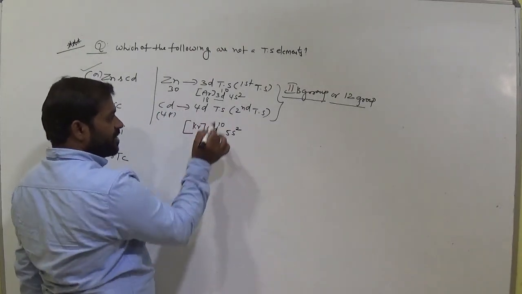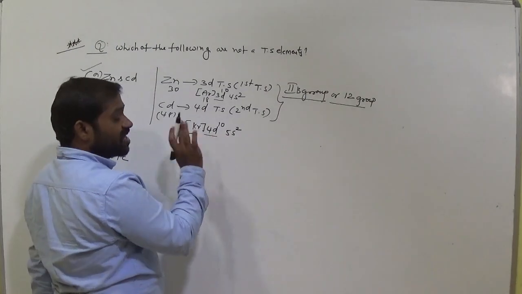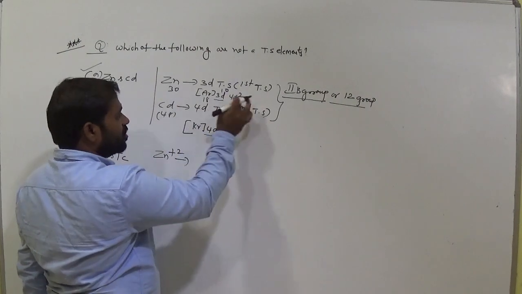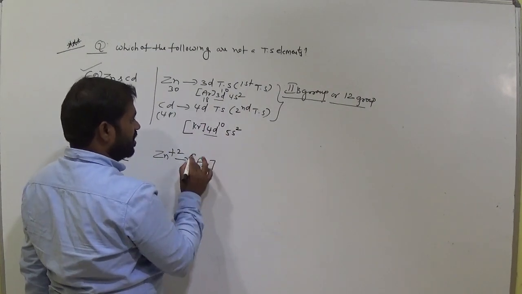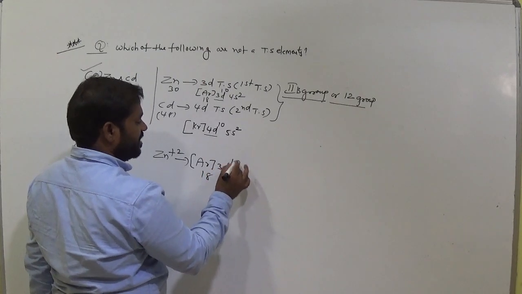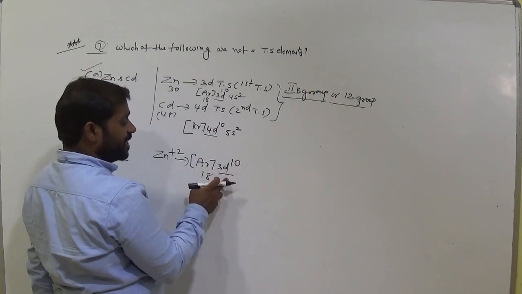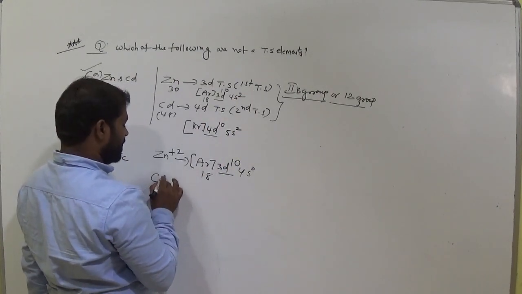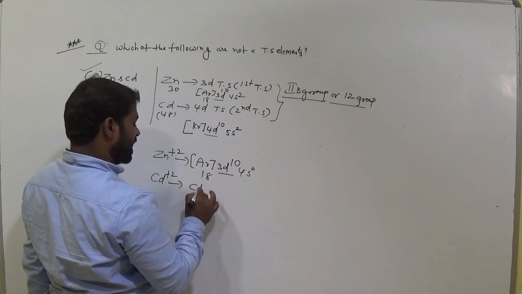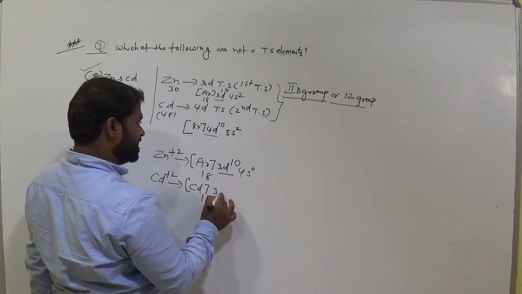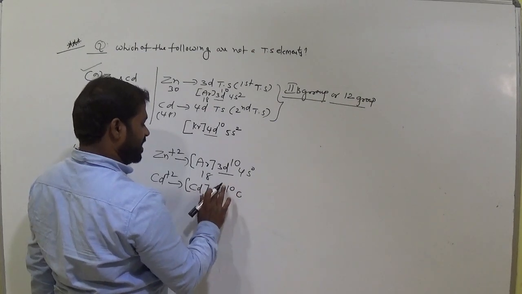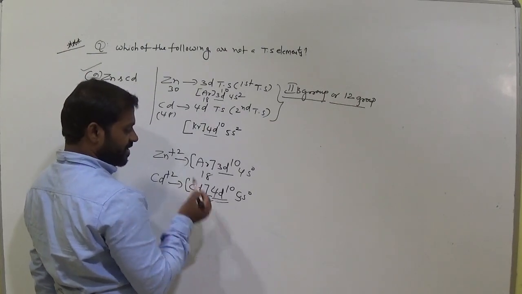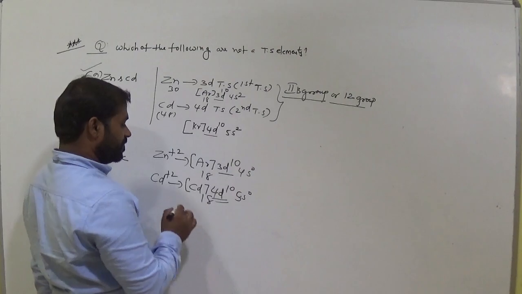Suppose in the neutral state there is a completely filled d orbital, so it is not a transition element. Suppose Zn2+, meaning zinc loses these two electrons, then argon 3d10, so even in the ion state the d orbitals are completely filled, am I right? 4s0, these two electrons are removed. And for Cd2+, the configuration is 4d10 5s0. So even in the ionic state the d orbitals are completely filled.